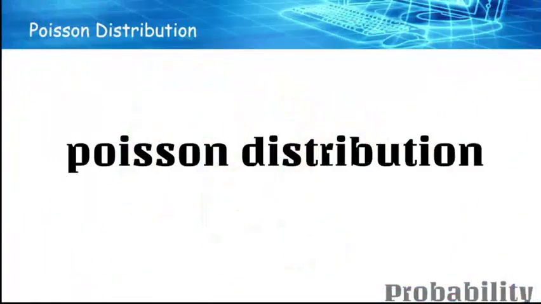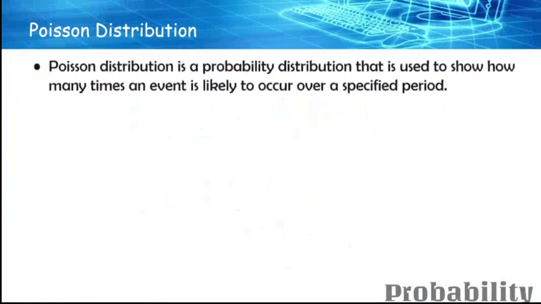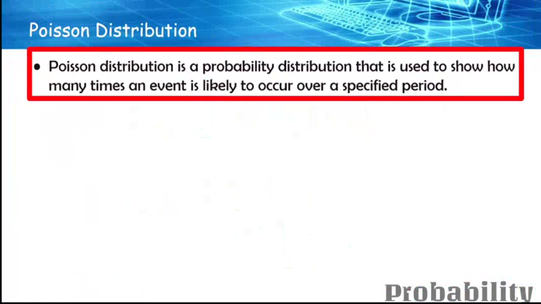Next we have Poisson. Poisson distribution is a probability distribution that is used to show how many times an event is likely to occur over a specific period of time.